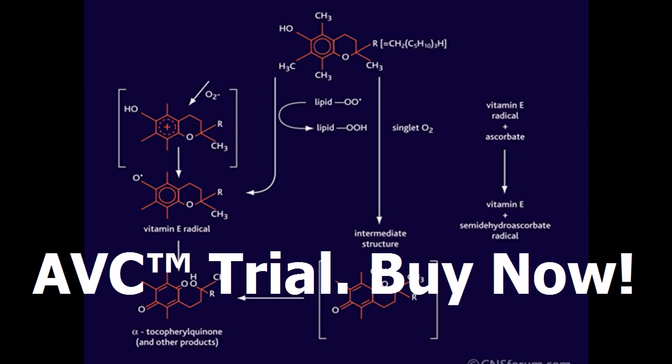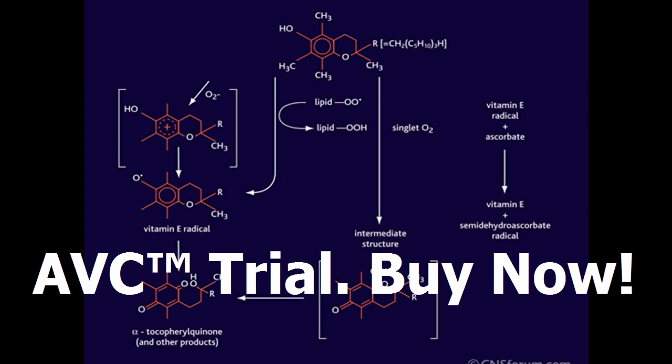First, you can see that there is a vitamin called vitamin E, which is a powerful antioxidant. This is the structure of vitamin E. This vitamin E helps in scavenging or neutralizing the lipid peroxyl radical.